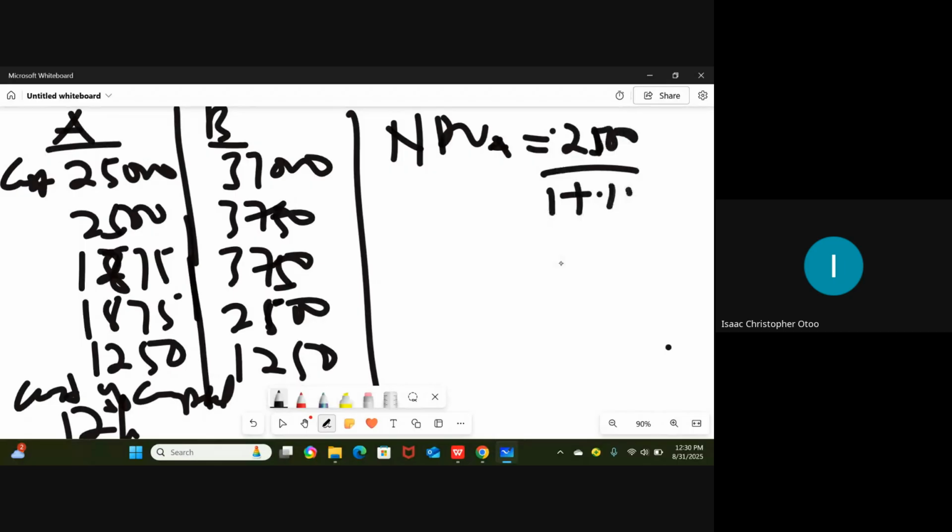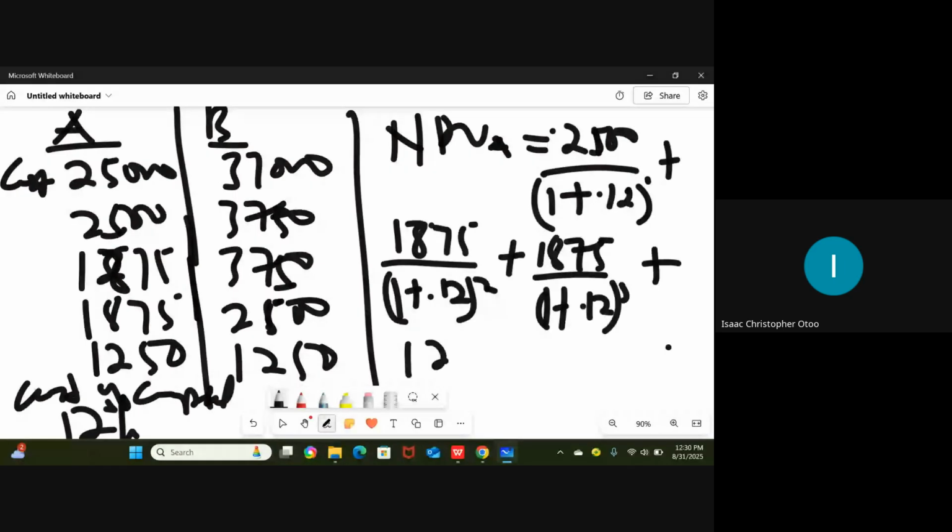Plus the second year, 1,875, discounted by 12%. Then subtract the initial investment of 25,000.